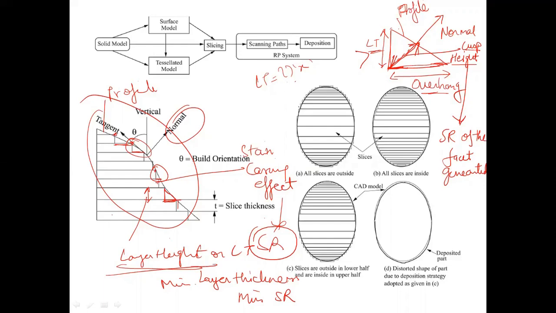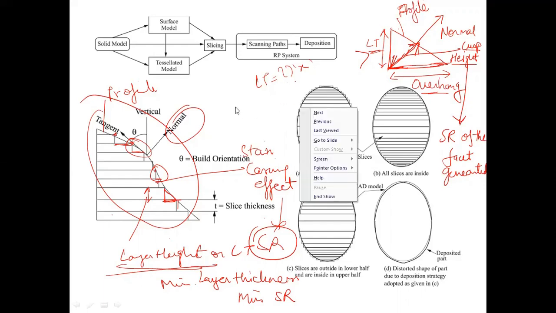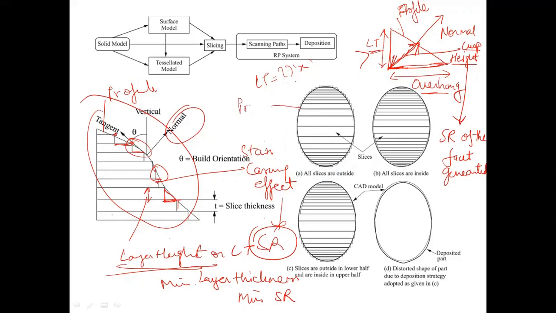As you can see, this is the profile of the sphere. Where do you want the staircasing to happen? People did a lot of research in this aspect and came out with multiple options.